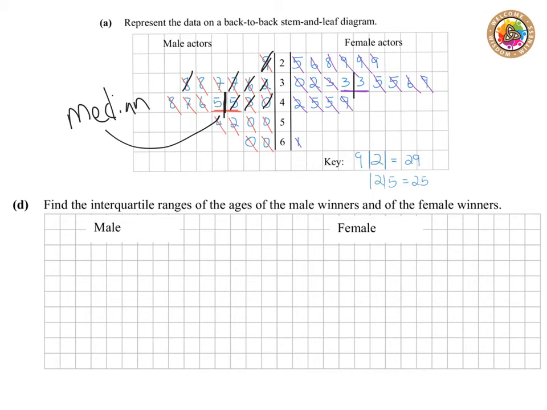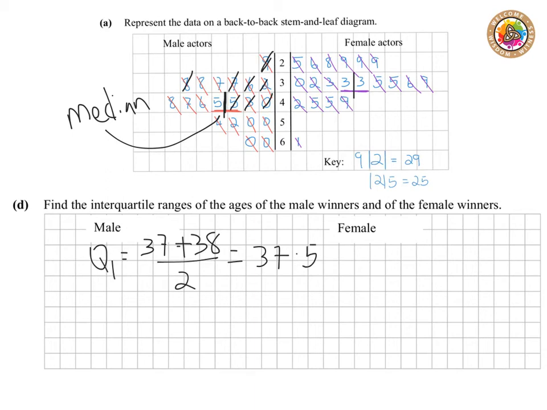So my Q1 for my males is going to be equal to 37 plus 38 divided by 2, which gives me 37.5. So that's for Q1.